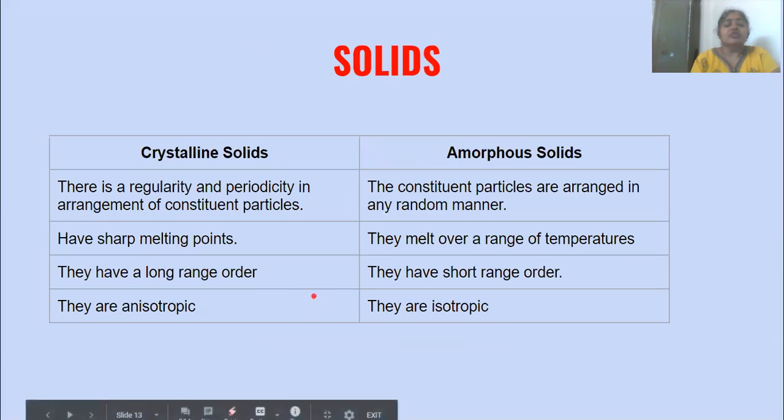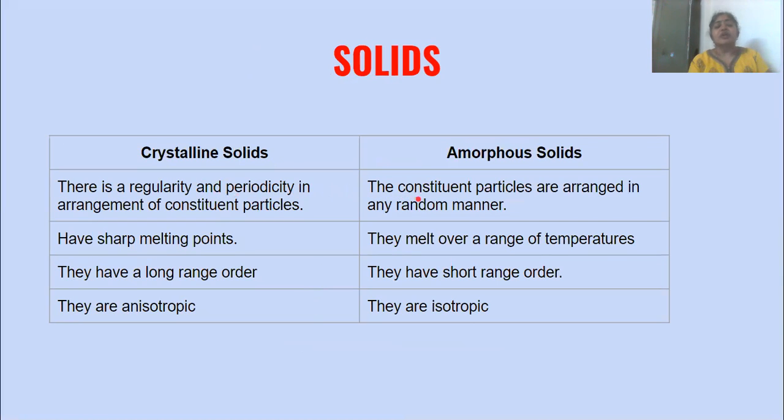Now, this brings us to the differentiation between crystalline solids and amorphous solids. So, what are crystalline solids? We have understood that in crystalline solids, there is a regularity and periodicity in the arrangement of the constituent particles. The particles have a definite or orderly arrangement, giving rise to a definite pattern. Whereas in amorphous solids, the constituent particles are just present at random.